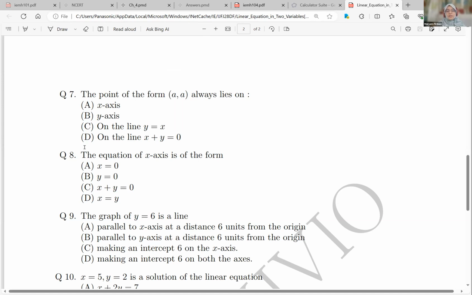A plus A equals 2A. It's not equal to 0. So C, very good. It should be on the line y equals x. A very similar question we had in the third or fourth question. It was just the converse of this one. Okay, clear?